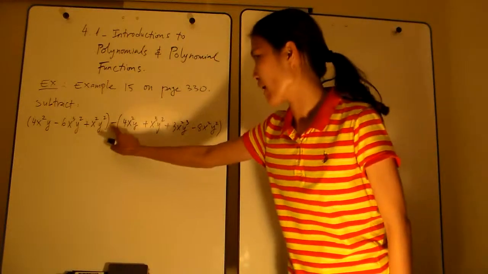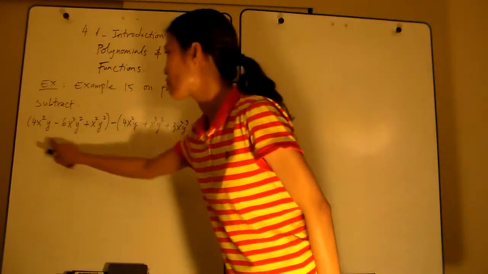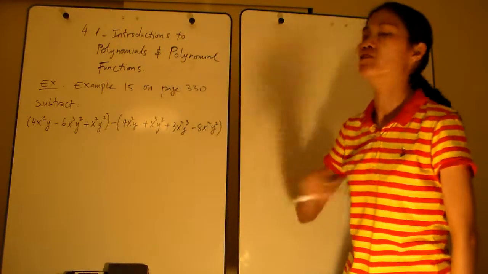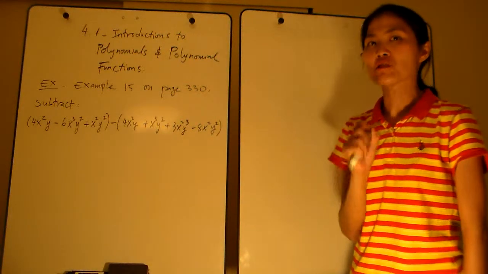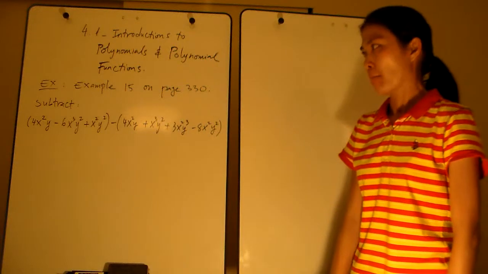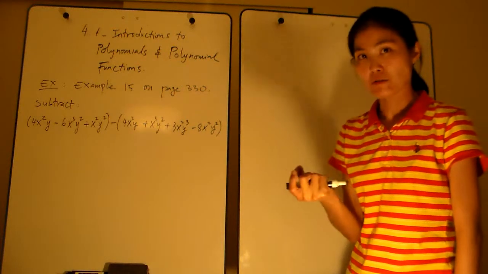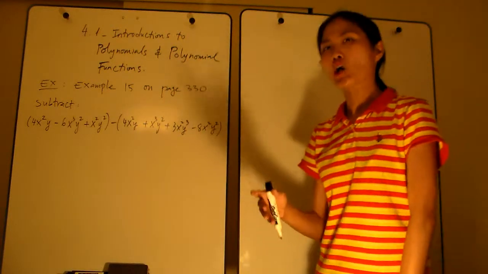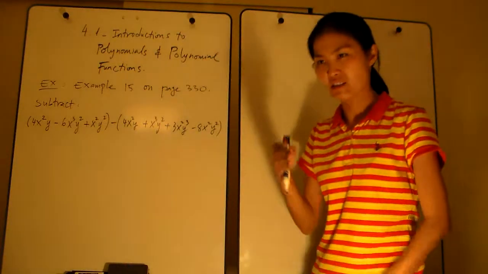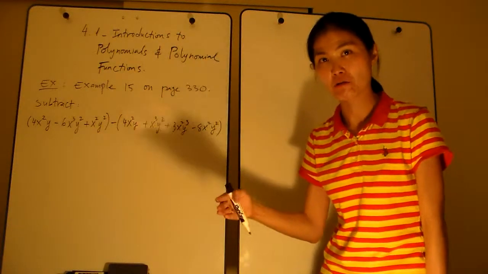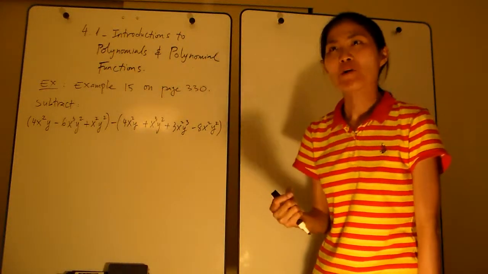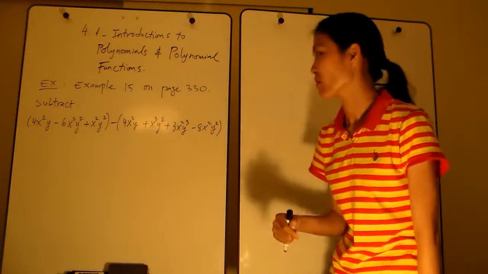Okay, so the subtract is right here between the first polynomial and the second polynomial. You follow the same procedure. You combine like terms, meaning you combine the terms with the same variables and the same exponents.